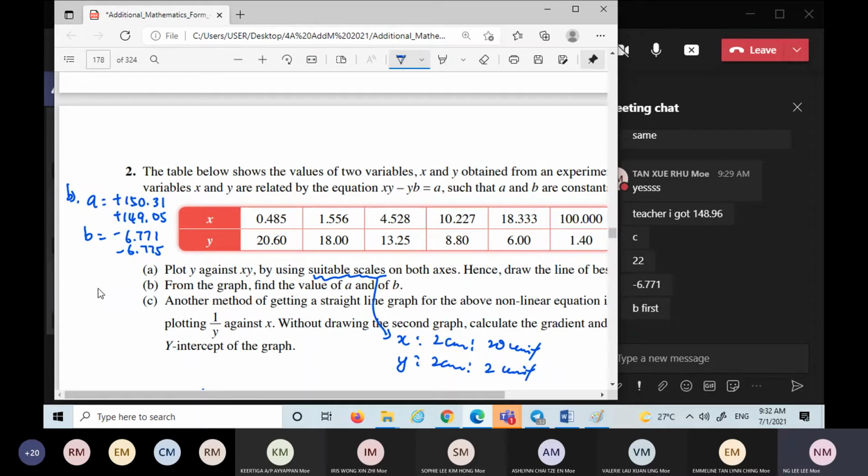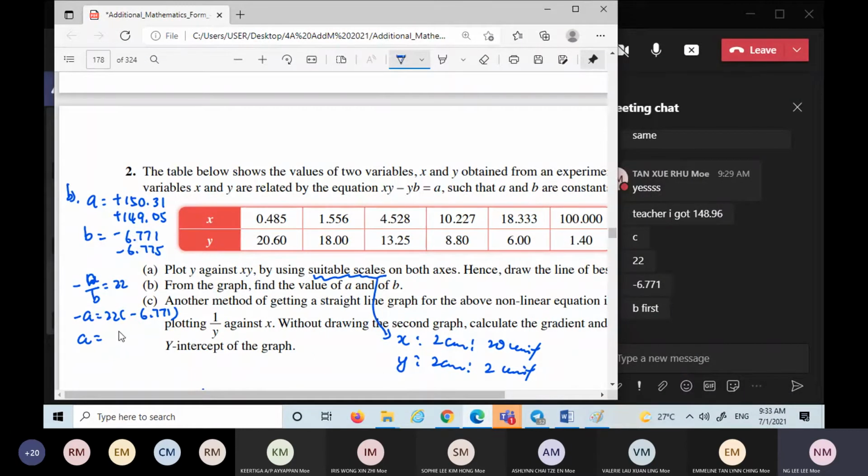Then negative A over B, sorry, negative A over B is the C, which is you get 22. So you get the B first. So negative A is equal to 22 times negative 6.771. Okay, so your A will be what? 6.771 times 22.